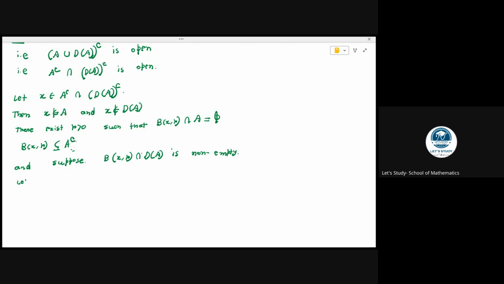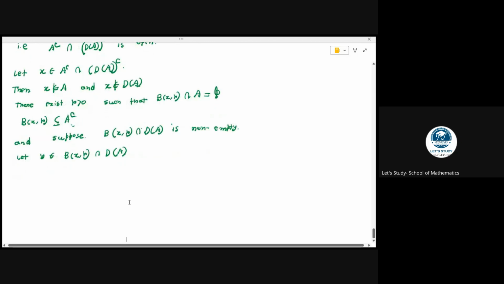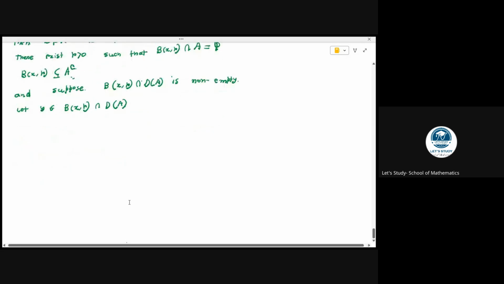Let y belong to B of x comma r intersection DA.